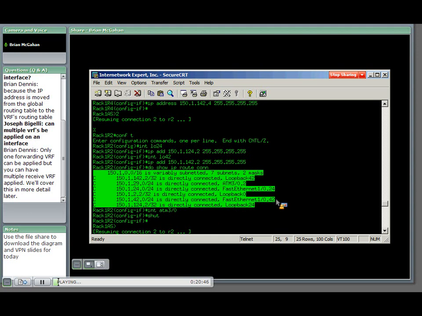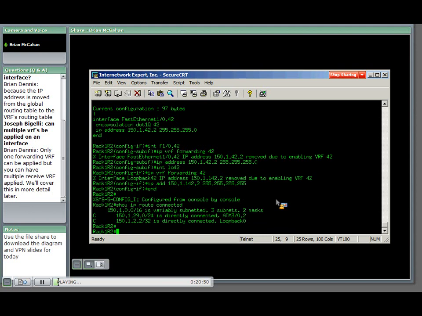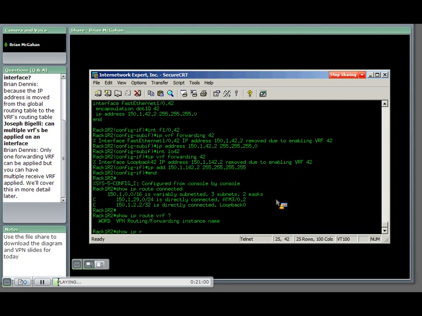So we defined the VRF, we applied it to the interface. Now when we look at the global routing table, we can see that only the ATM and the loopback are in the global table. Okay, to look at the other tables, we're going to look at the show ip route vrf output. So in this case, we want to look at the instance for VRF 24.